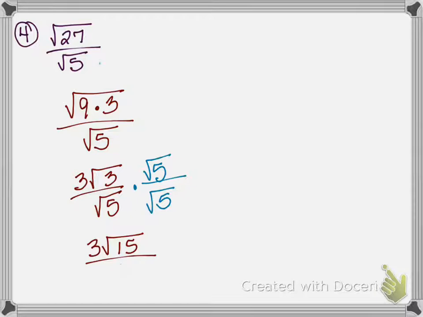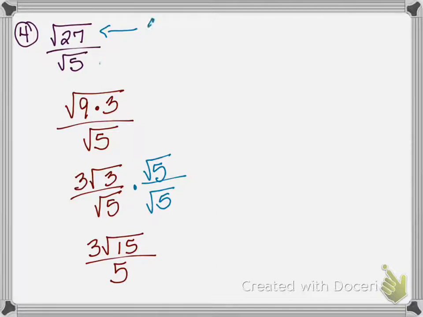And I have gotten rid of the square root in the denominator: the square root of 5 times the square root of 5 is the square root of 25. And what's the square root of 25? 5. So you actually have 2 things that you're doing here. A lot of you got one of the parts right on the quiz, but you're actually doing 2 different things.